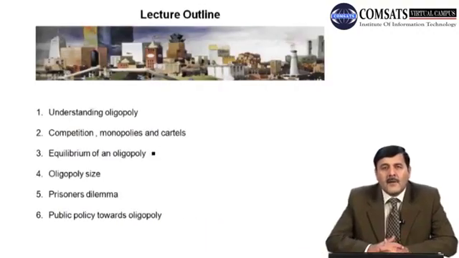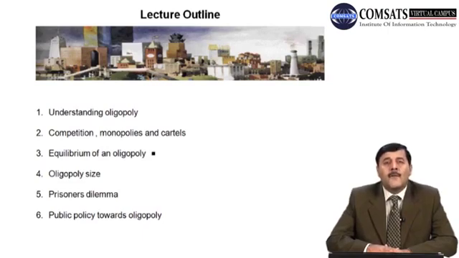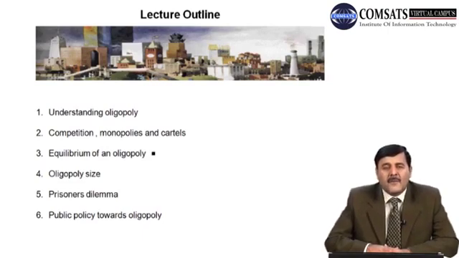What we are going to learn in this lecture, अगर आप देखें स्लाइड में, we would like to understand about the oligopoly. What is oligopoly? How we can differentiate oligopoly from other market structures, that is perfect competition, monopoly and monopolistic competition. And then we'll talk about competition, monopolies and cartels.